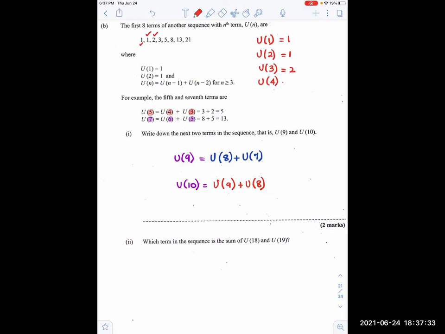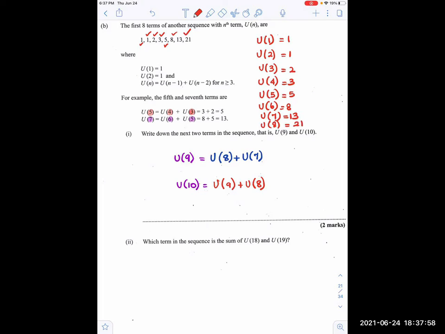U4 is equal to 3. U5 is equal to 5. U6 is equal to 8. U7 is equal to 13. And U8 is equal to 21.